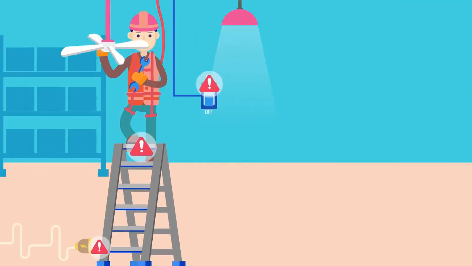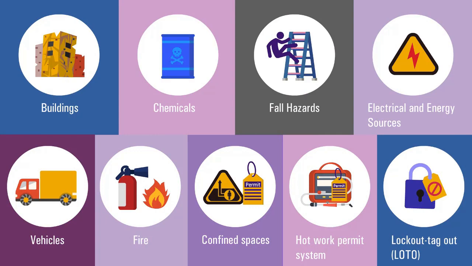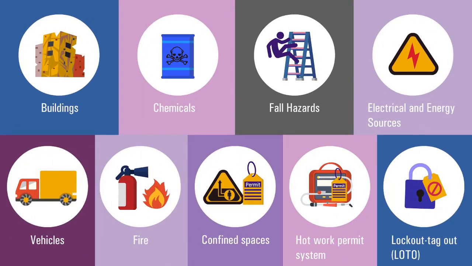There are 3 violations of safe work procedures here: electrical, lockout-tagout, and fall hazards. Here are the main areas where you need to define safe work procedures. Let's go through some of the key requirements.